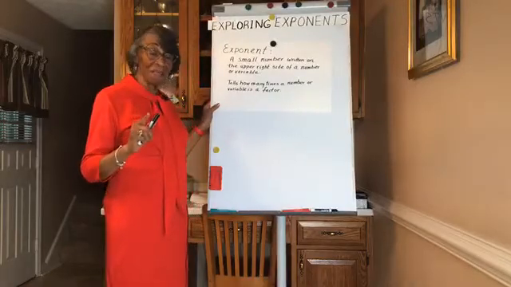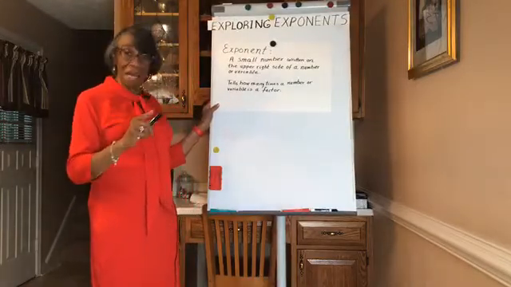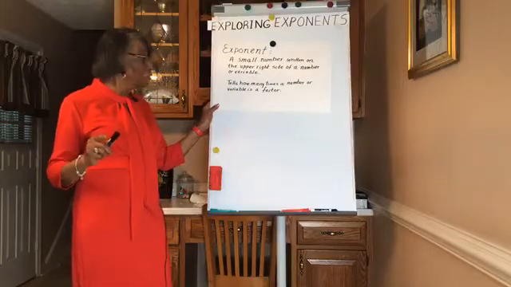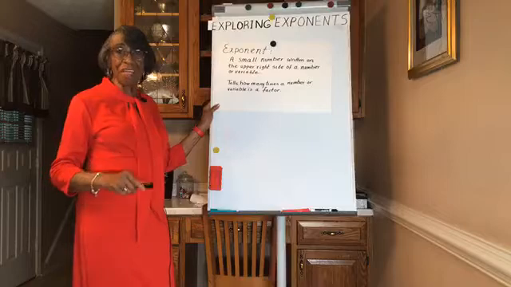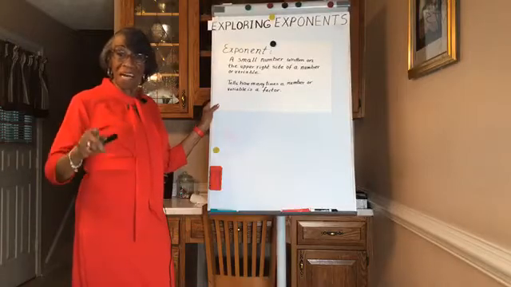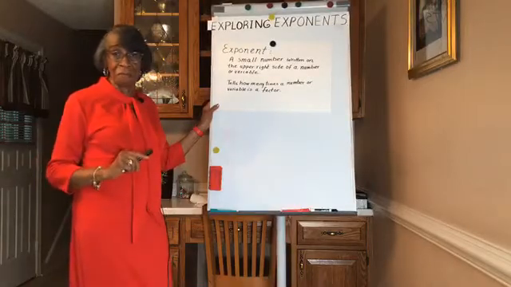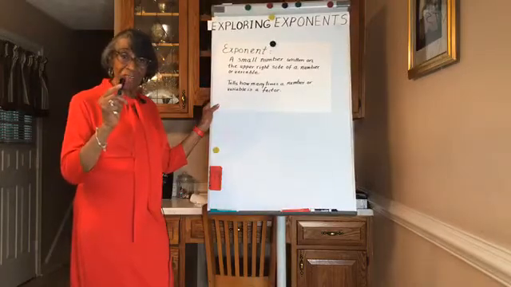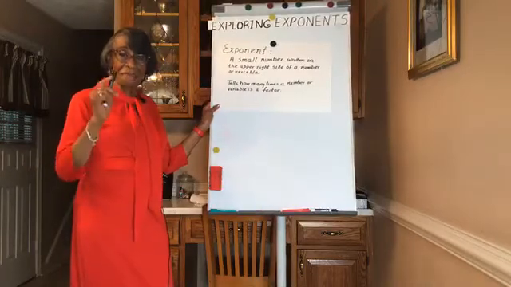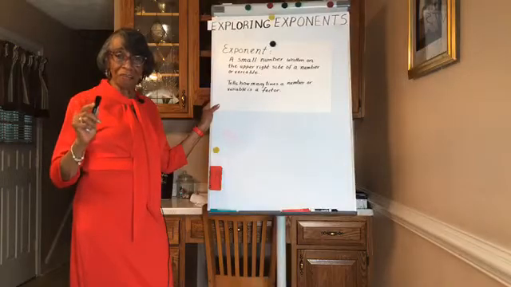What does it tell us? It tells us how many times a number or a variable is a factor. And what do I mean by is a factor? It's being multiplied by itself. Okay? So when we look for it, we know where it's located, and now we know what it tells us.